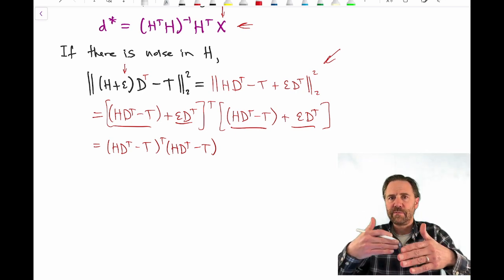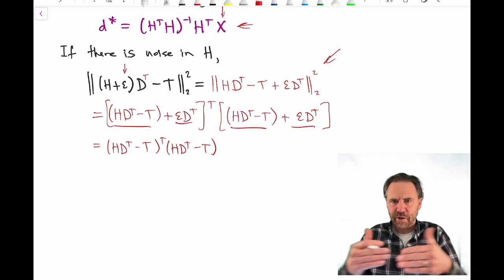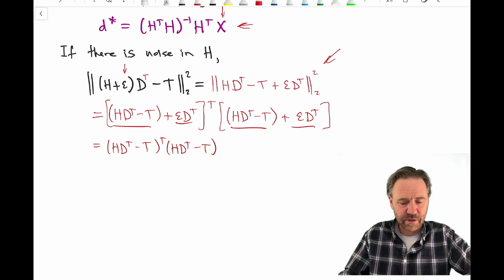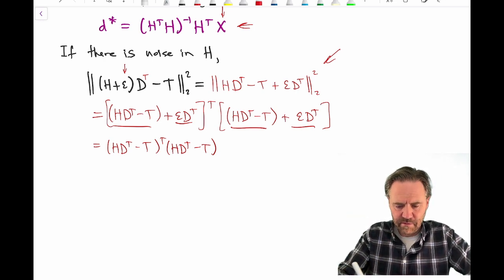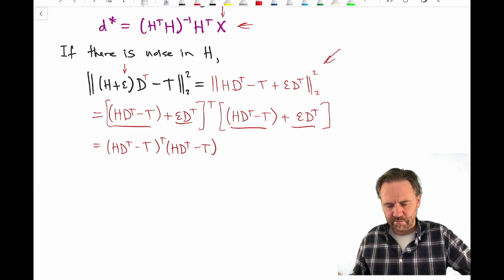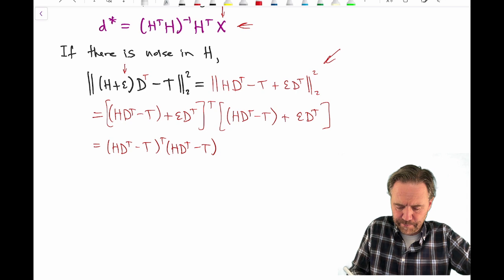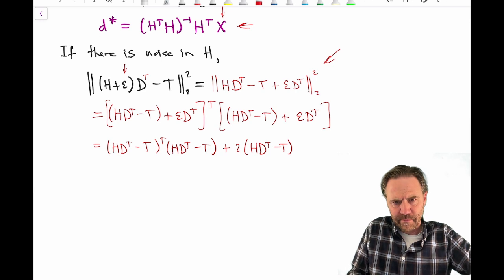One of them is just the transpose of the other. But since the value of this thing is just a scalar, the transpose of a scalar is the same as the number not transposed. So I can combine those two terms together. So it becomes plus 2 times HD transpose minus T times epsilon D transpose.